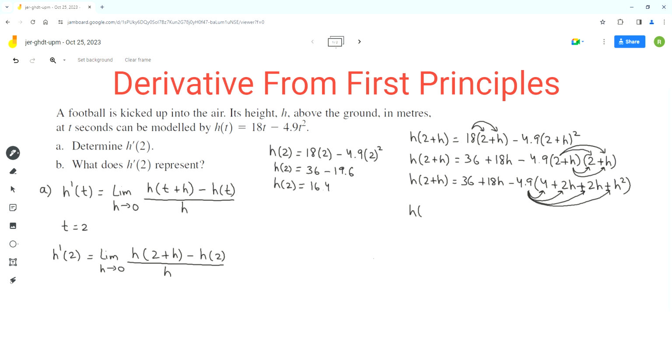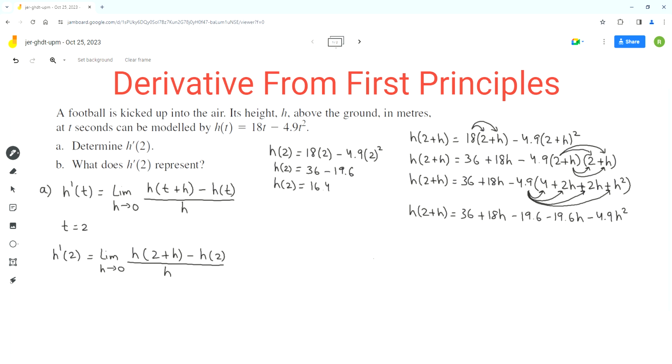So we get h(2 + h) equals 36 plus 18h, and now negative 4.9 times 4 is negative 19.6, then negative 4.9 times 4h is negative 19.6h, and negative 4.9 times h squared is negative 4.9h squared.